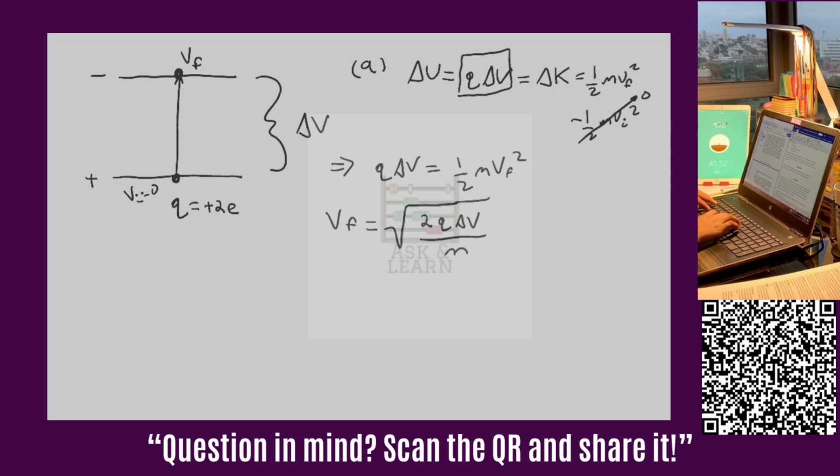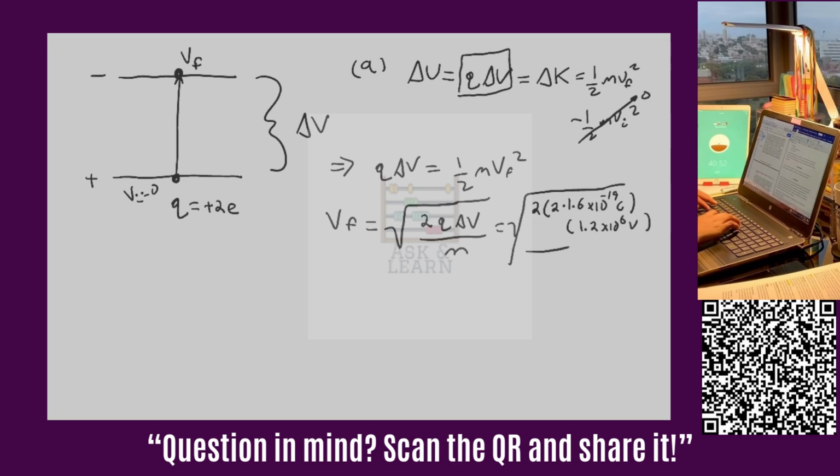If I plug all these things in, I get the square root of 2 times twice the fundamental charge, 1.6 times 10 to the negative 19 coulombs, all multiplied in the numerator by our 1.2 times 10 to the 6 volts.